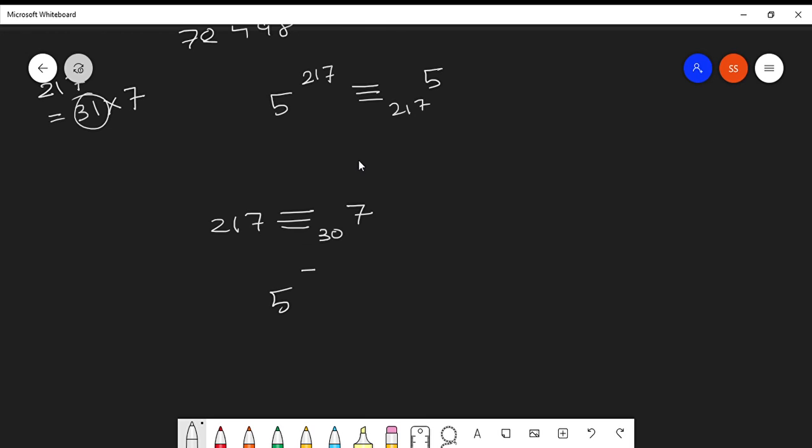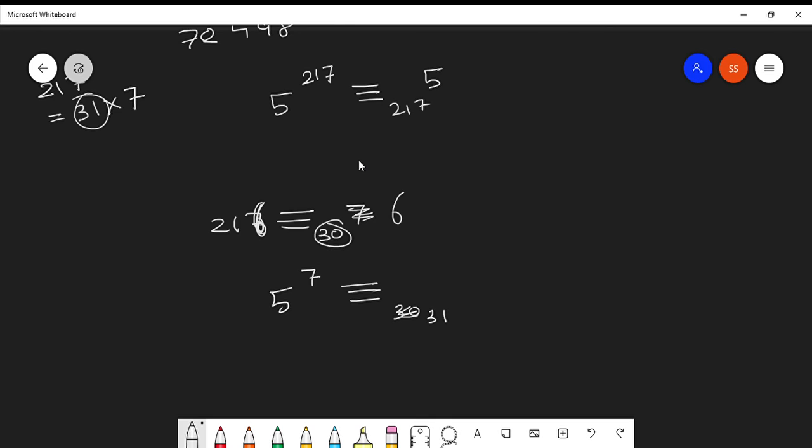So we actually did the congruence mod the totient function of 31 with 217, which we were doing during finding the remainders using Euler's theorem. Sorry, this is not 7, this must be 6 to use the Euler's totient function. So this will be not 7 but 6.